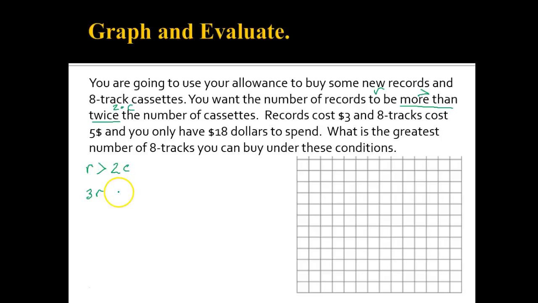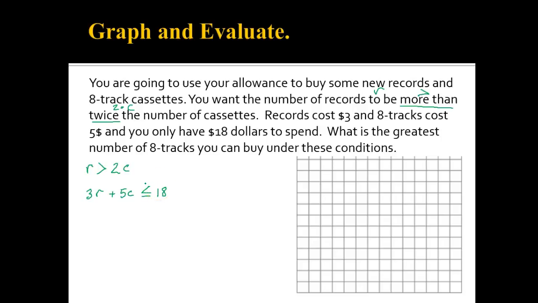Okay, and how much money do 8 tracks cassettes cost? $5. So the money you spend on the cassettes is 5 times C, and then we're going to say the total amount of money you spend is 3R plus 5C, and you only have $18, so you can only spend less than or equal to $18. You can't spend more than $18, you don't have it. Alright, so there's a second equation.